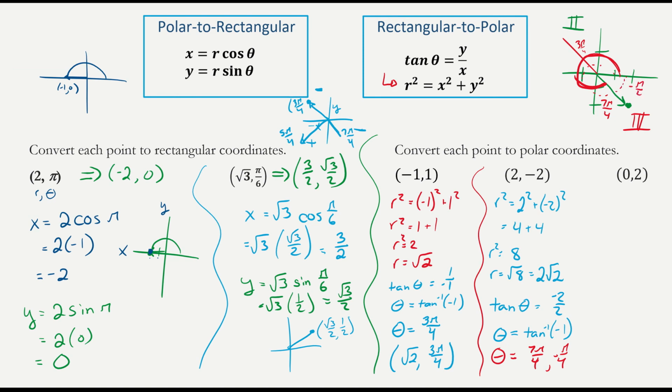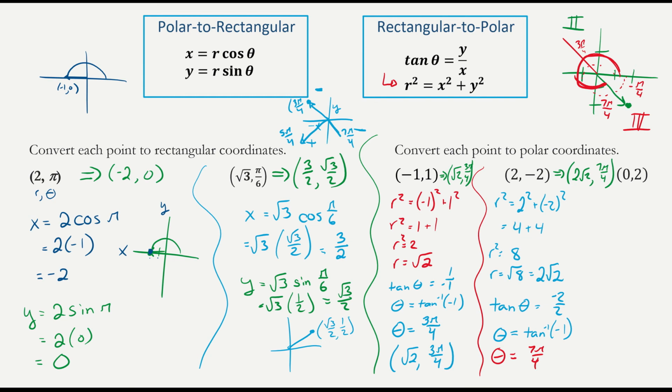Negative pi over 4 just goes down. So either of those technically work. Let's take the positive value though. There we go. I found my theta and my r. So therefore I know that 2, negative 2 goes to the point 2 square roots of 2, 7 pi over 4. All right, I have one last value to find here.